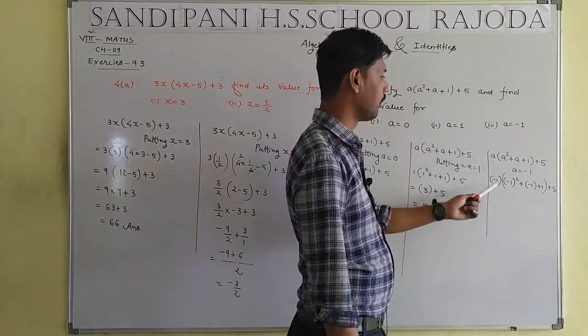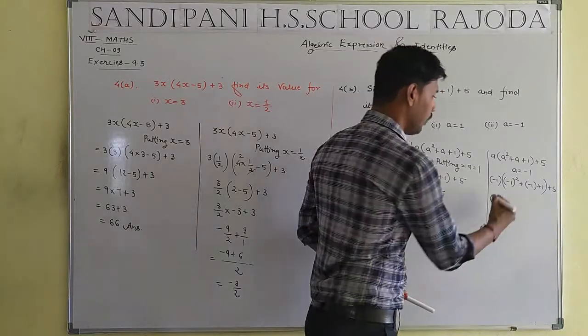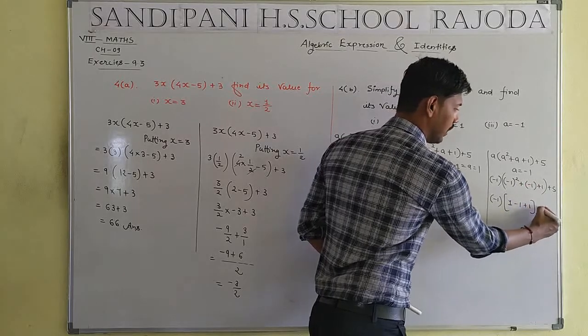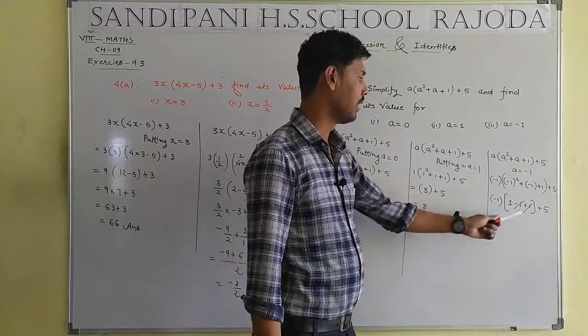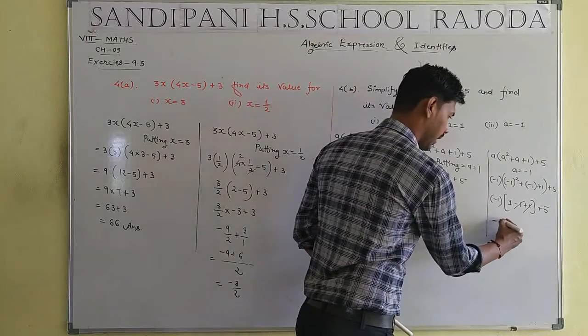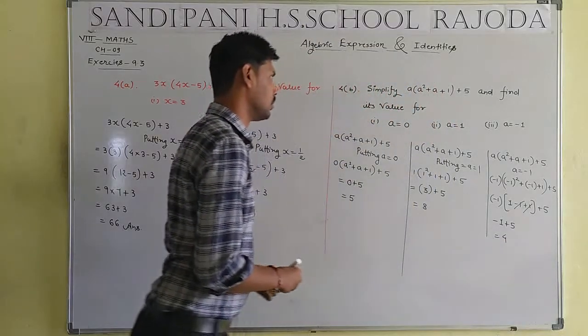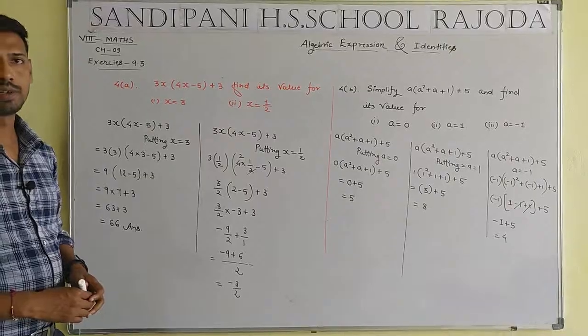Okay, student, here minus 1 as a coefficient of the bracket, minus 1 square will be equal of plus 1 plus minus and plus 5. Positive 1 cancel by the negative 1. 1 into minus 1 will be equal of minus 1 plus 5 will be equal of 4. That is the solution of question number 4 of the exercise number 9.1.